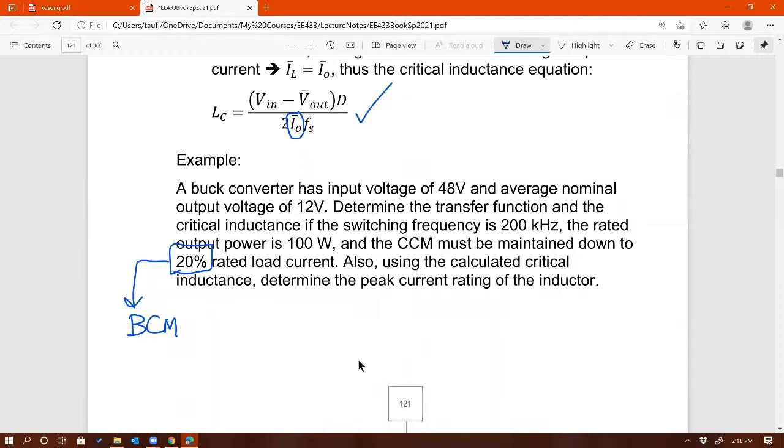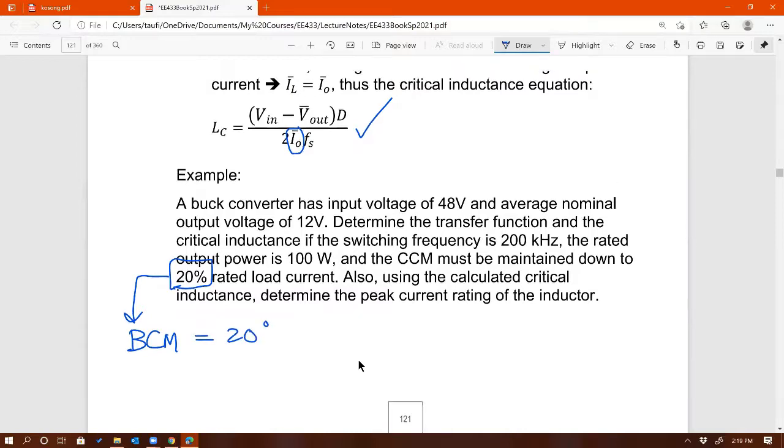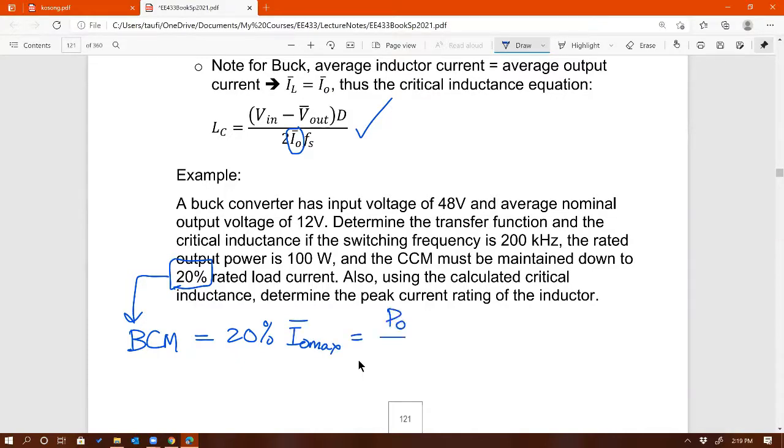So 20%. Remember, we keep decreasing the output current, the output power, until the minimum inductor current touches 0, right? So for this example, that condition refers to 20% of the I out max, right? And I out is equal to P out divided by V out, right? P out max divided by V out. And what is our P out max here? 100 watts right there, right?